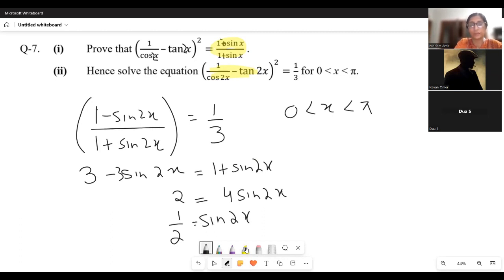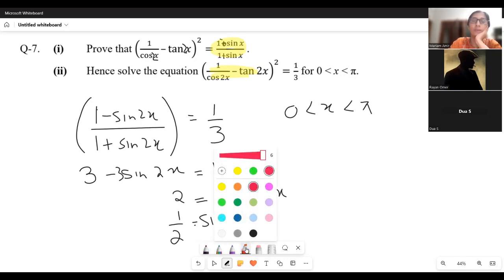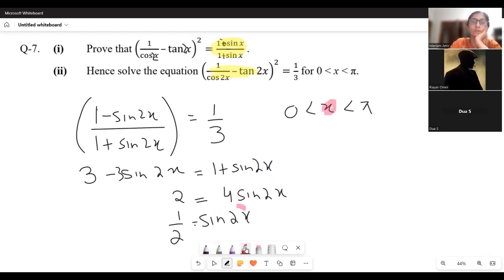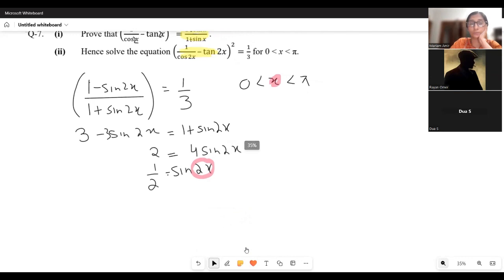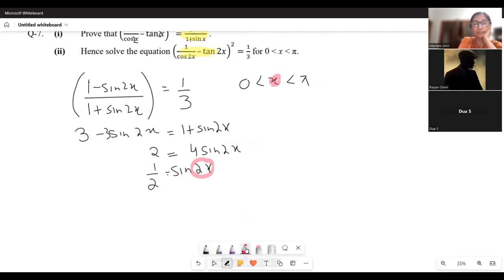Half equals sine 2x. However, there's a problem, which is that our domain is for x, but the question is for 2x. So we'll have to fix that first by using substitution, which is let y equals 2x.